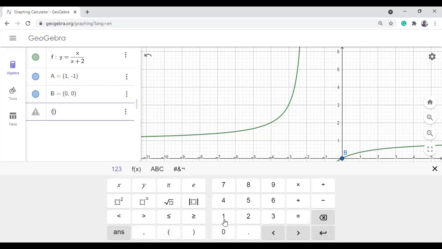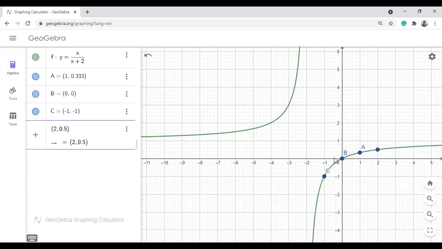When x is -1, y is -1 also. If x is 1, then the value is 0.333. And another one is if x is equal to 2, then y is 0.5. So there are two ways of doing that. And as you can see in the graph, these are the points which are on our table of values.